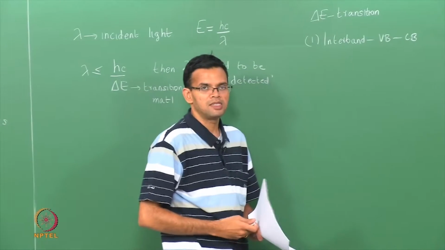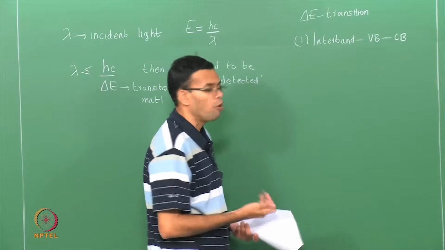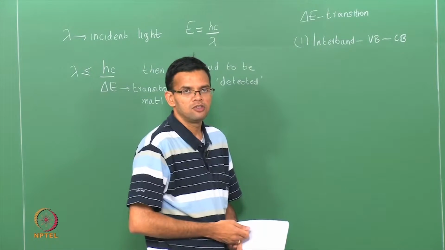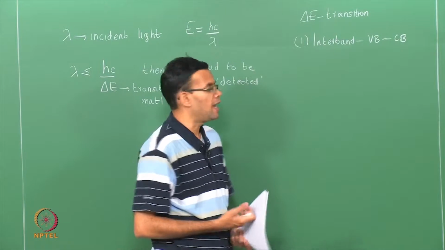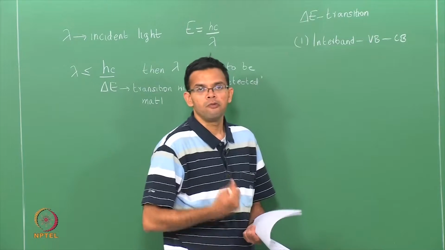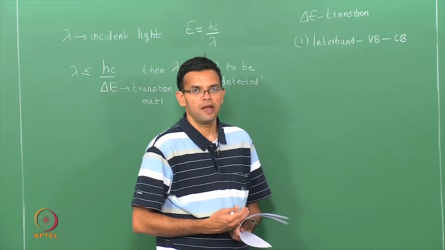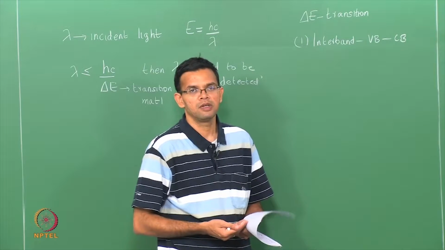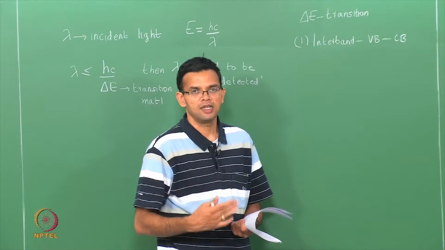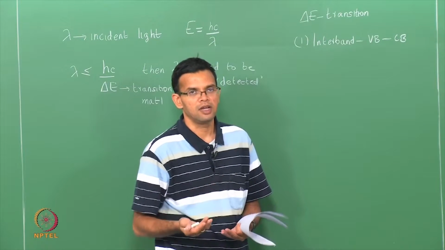That is the simplest and most common form of transition. For example, if your material is gallium arsenide, then you will absorb light of energy greater than the band gap, so that an electron gets excited from the valence band to the conduction band.